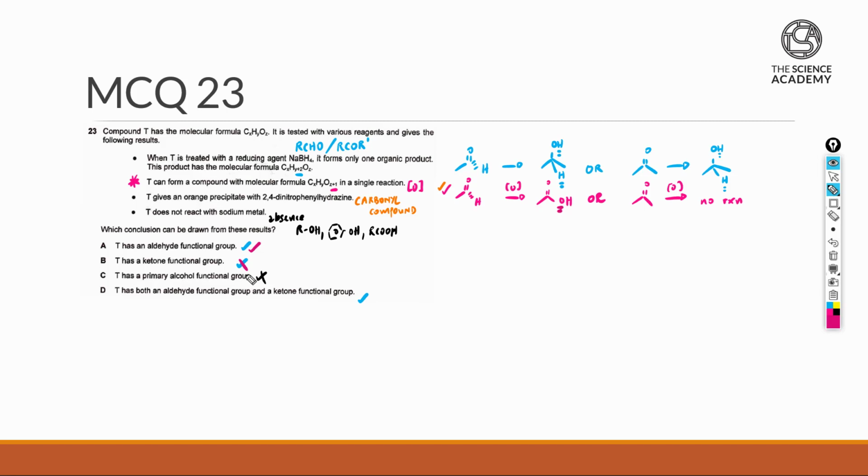So D mentioned that there is an aldehyde functional group. Right, that we do agree, and there's also a ketone functional group.